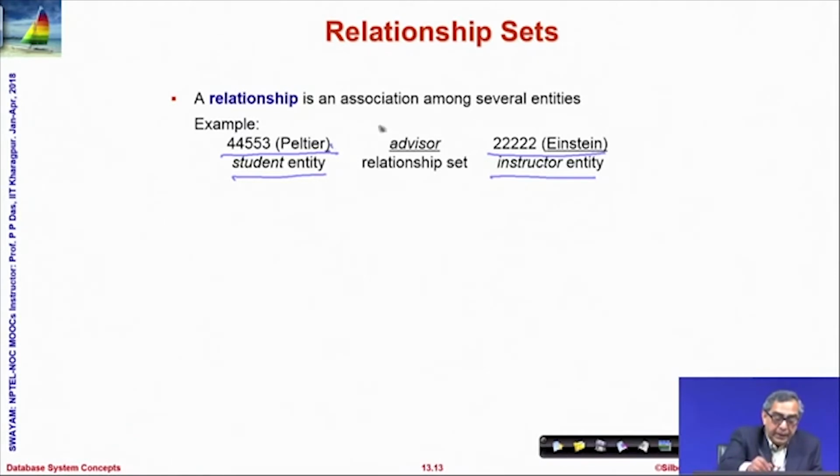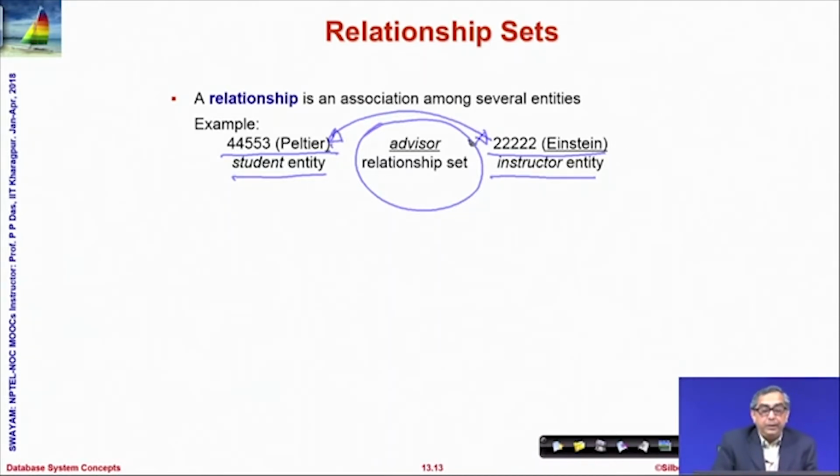And then advisor is a relationship set which relates these two. So, what we want to mean is, if I say advisor relates 4 4 5 5 3 to 2 2 2 2 2, what I want to mean is Peltier, the student Peltier, is advised by the instructor Einstein.